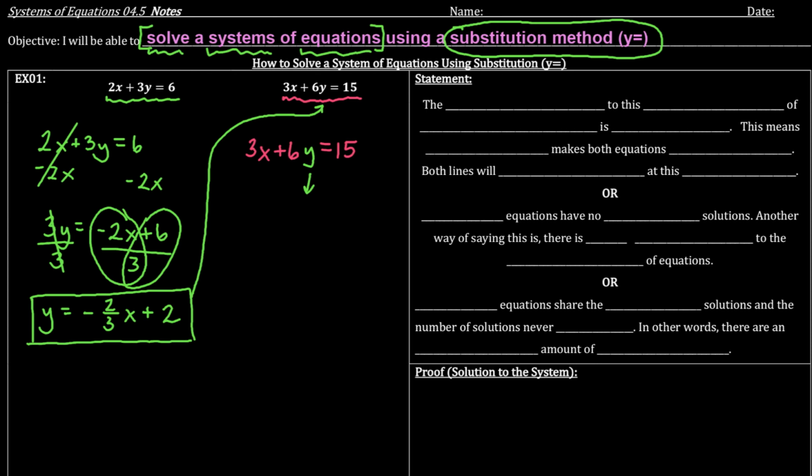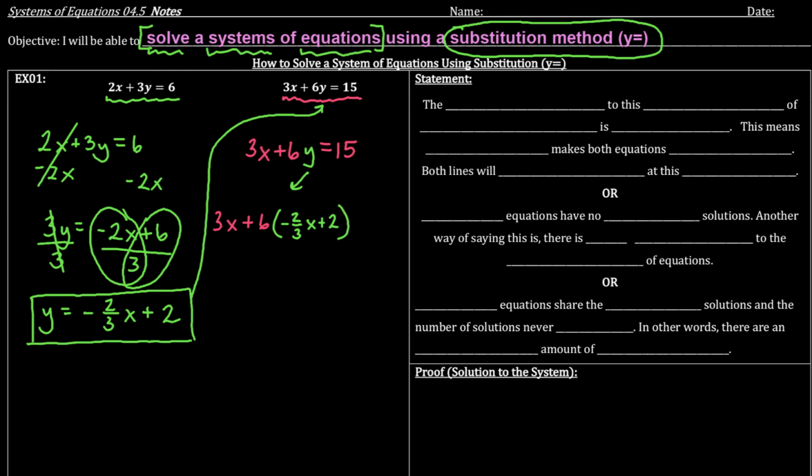I'll just show you as I write it. It might be easier if I write it this way first. So 3x plus 6, and instead of the y, I'm going to substitute in negative 2/3 x plus 2.